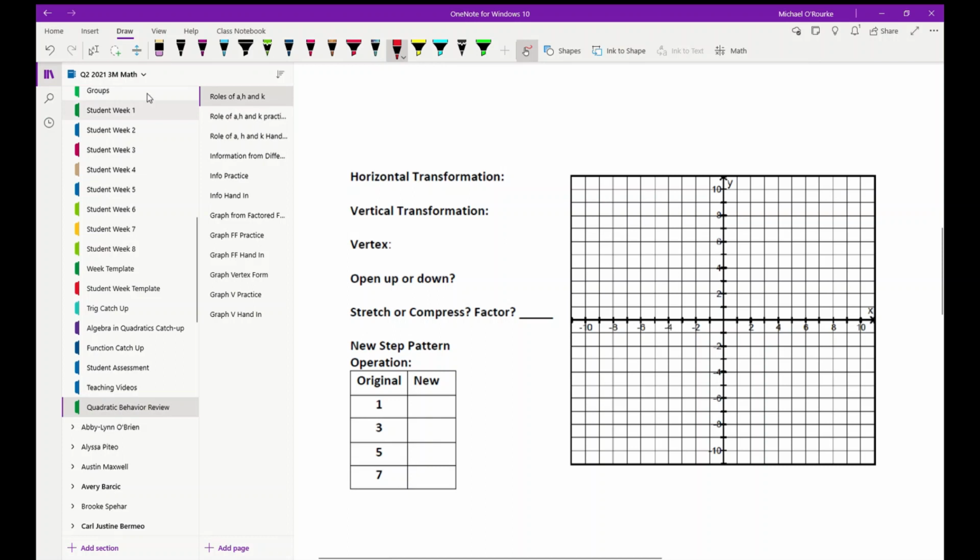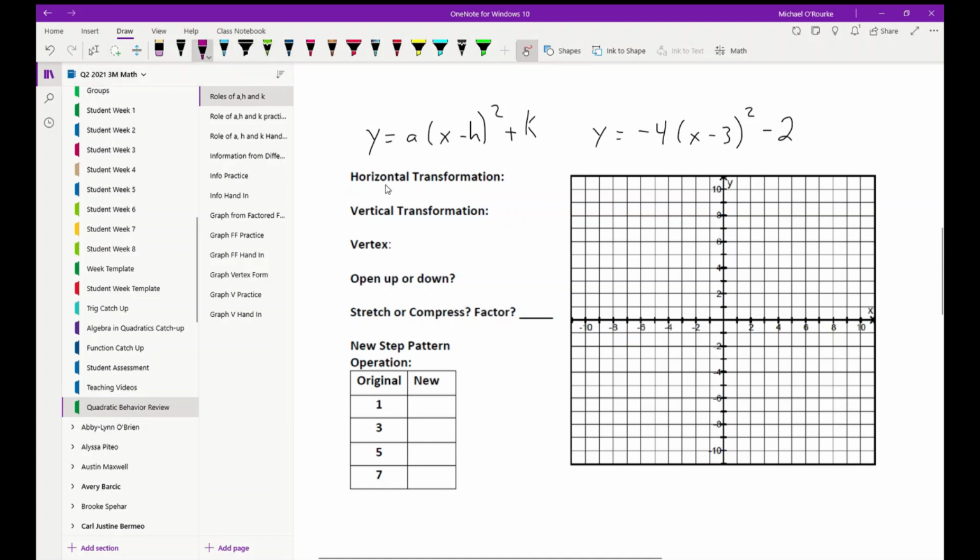So let's do another one. My original formula looks like this again. So let's do this formula: y = -4(x - 3)² - 2.